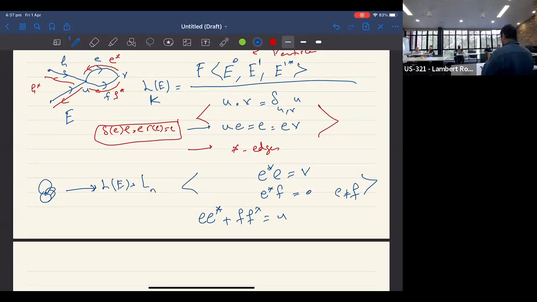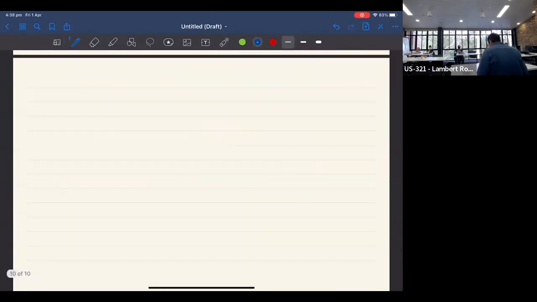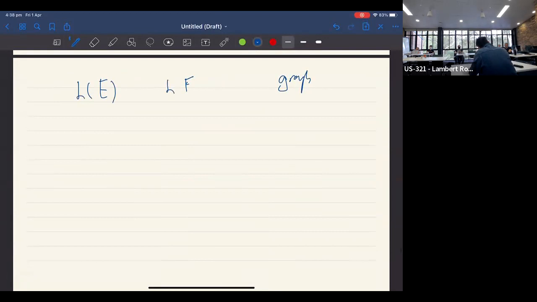Okay, so the game started from there, and then you change your E and wonder what kind of properties you get. But one of the questions that was asked very, very early, and that came from C-star algebra, because the C-star algebra version is wonderful, is that if I hand you two graphs, then you get the Leavitt path algebras here. Can you tell me when they are the same?